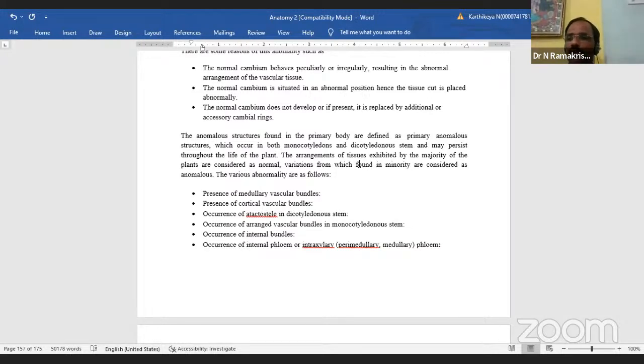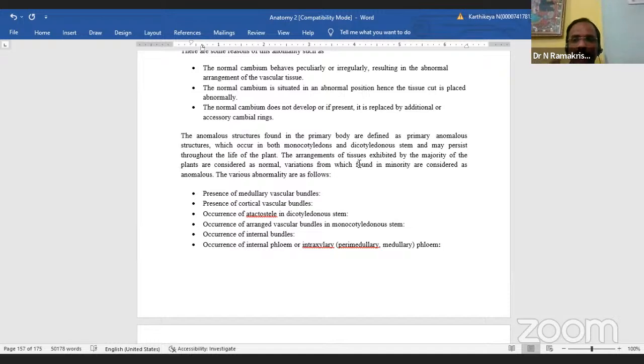It is the applied science concerned with the structure, the properties, and the identification of timber-yielding plants. Wood is generally of two types: one is softwood, the second is hardwood.